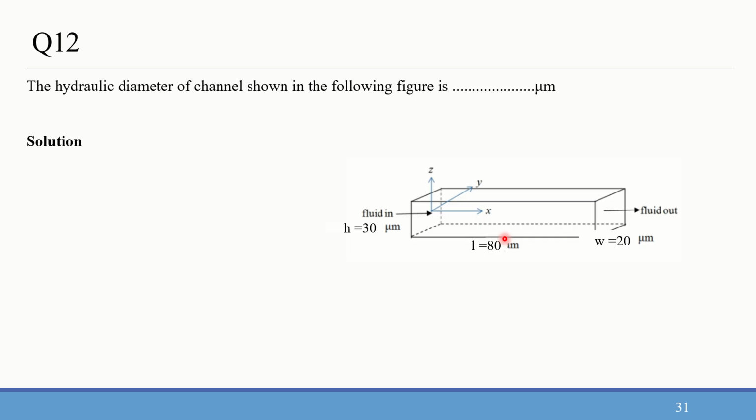It defines the effective diameter of a circular pipe for a non-circular flow channel. It is defined as hydraulic diameter equals 4 times the cross-sectional area of the flow divided by the perimeter of the wetted channel.